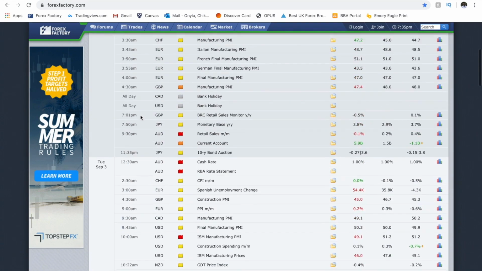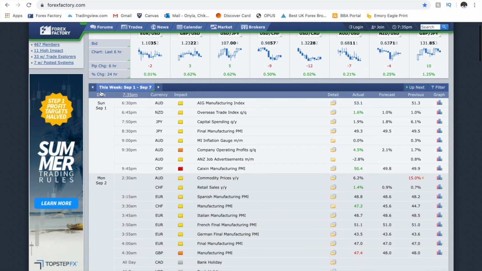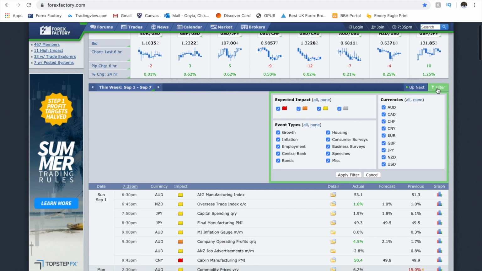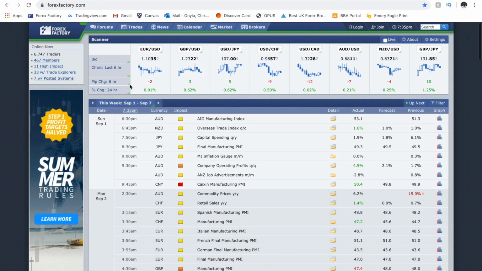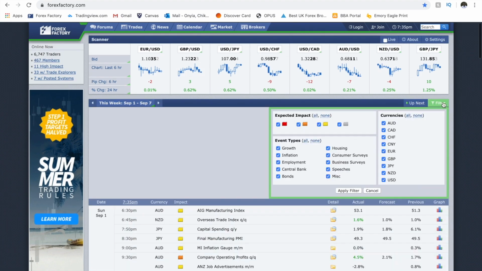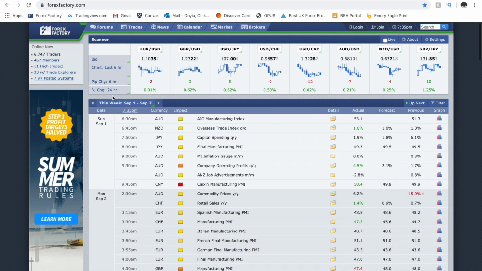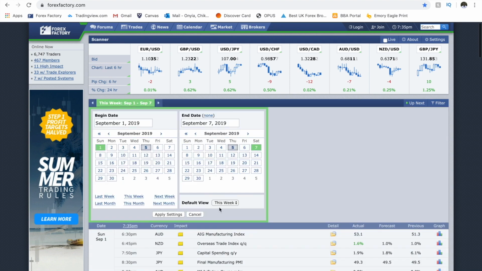So you can actually change it from the weekly version, but I would recommend keeping it on the week. If you wanted to change it from the week, I believe you can go to filters, I believe. Actually, I cannot remember how to do that specifically right now. Actually, hold on. Yeah, exactly. So you go here, and you can change it to today, and you apply settings.